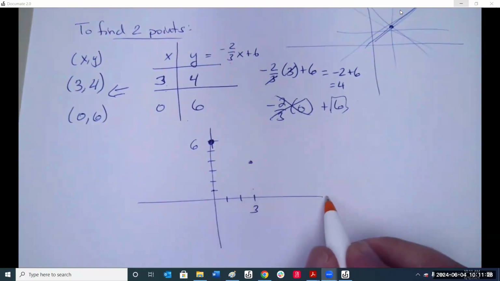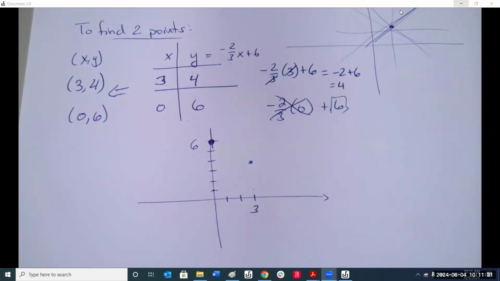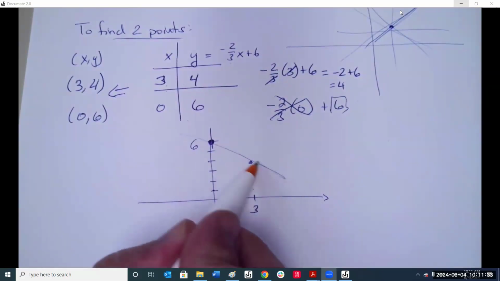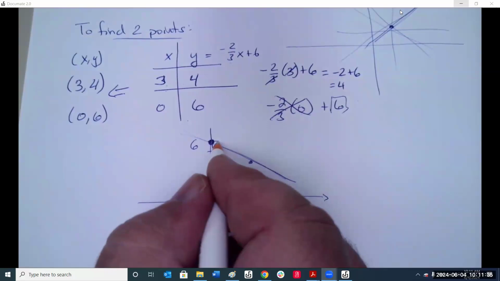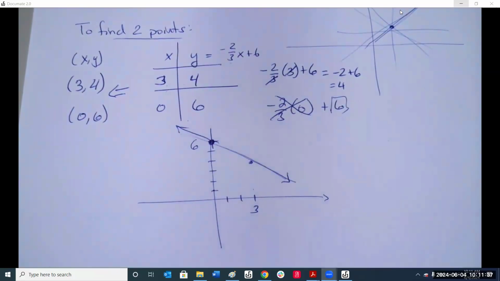And we have a point at 3, 4. Now we could just connect those 2 dots, and we have our line. So far, so good.